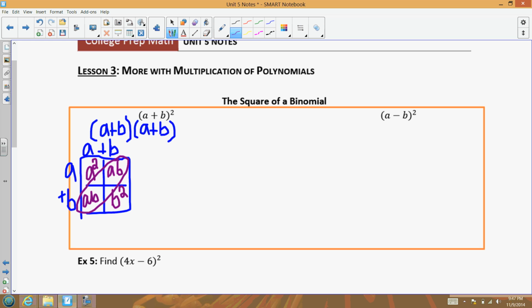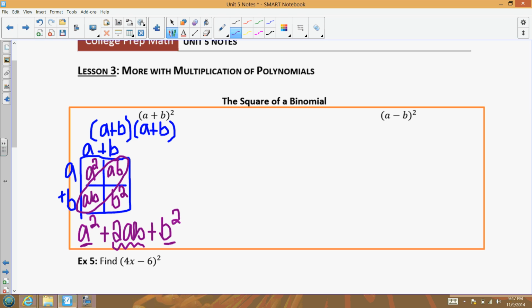Combining my like terms, I end up with a squared plus 2ab plus b squared. And maybe you're seeing a pattern here: if you had distributed the square, you would have only had a squared and b squared, but we have to include this 2ab term.